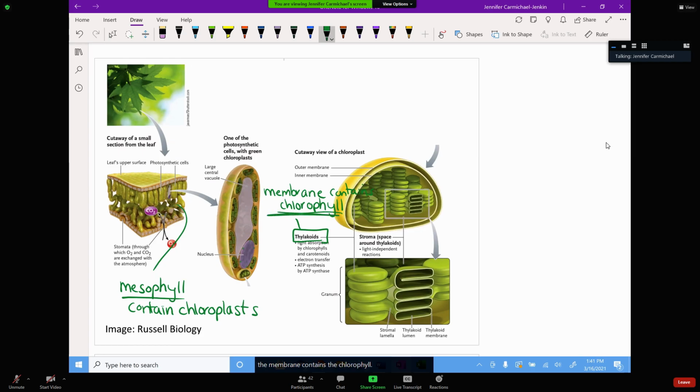So these are all the levels we're zoomed in on, right? So I will repeat that. In the leaf, the middle tissue layer is called the mesophyll tissue layer. Those cells contain the organelle chloroplast. In the thylakoid membrane within the chloroplast is the chlorophyll with the pigment that we'll be talking about.